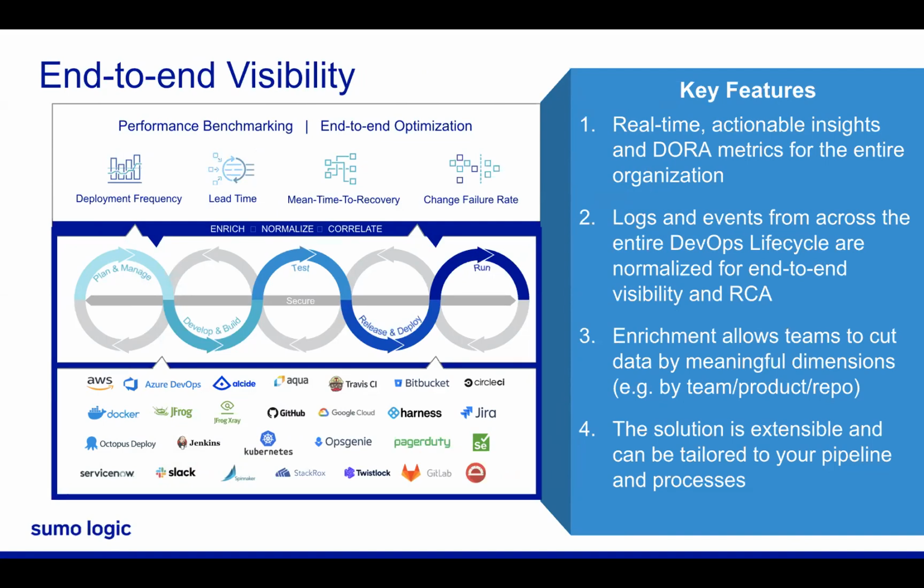This benchmarking is primarily around your deployment frequency, lead time, mean time to recover, and change failure rates, and how to manage all this. There's a set benchmark for how everybody across organizations is doing and where you stand. So we have built the overall solution around it.